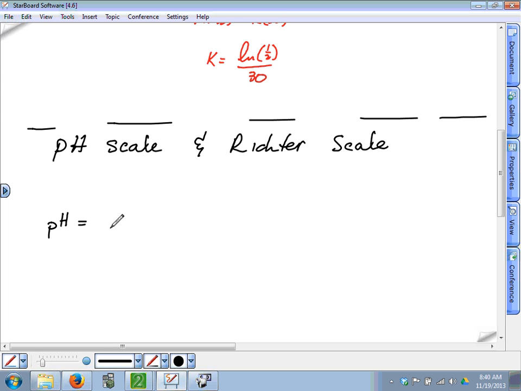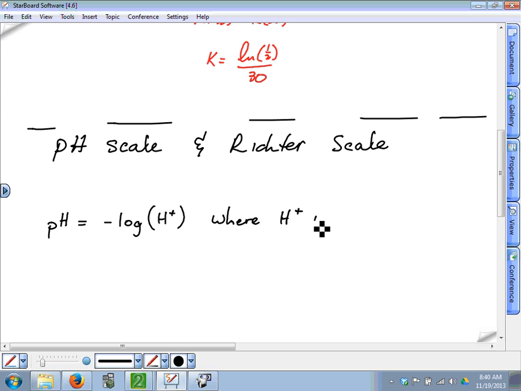So pH. Okay. pH is equal to negative log of H plus. How'd you know that? Oh, did you? Cool. The pH of a substance is equal to the negative log of its hydrogen ion concentration. Neutral pH is 7. Acidic ones are lower than 7, and basic ones are higher than 7.